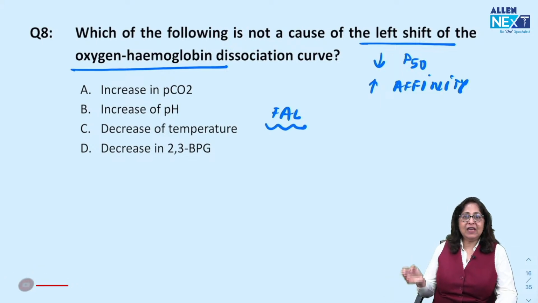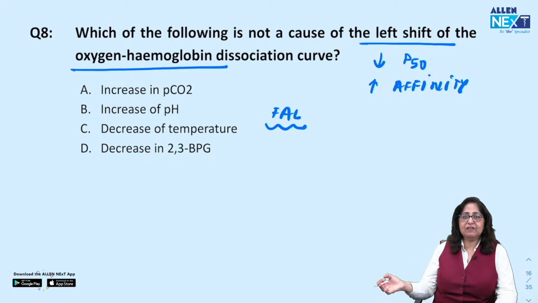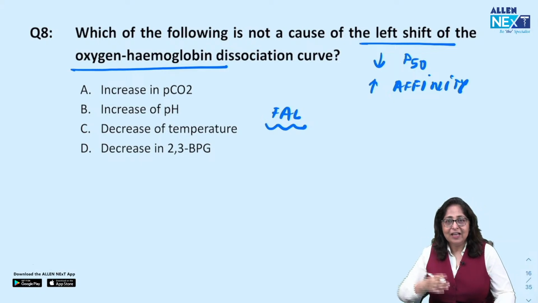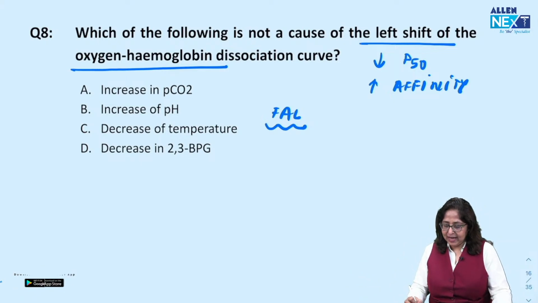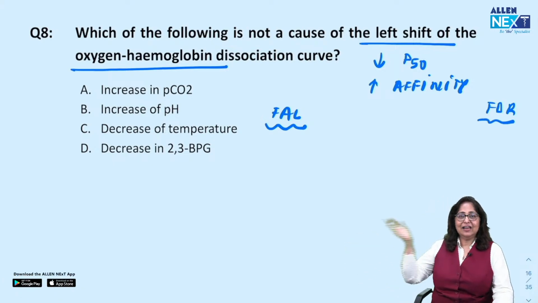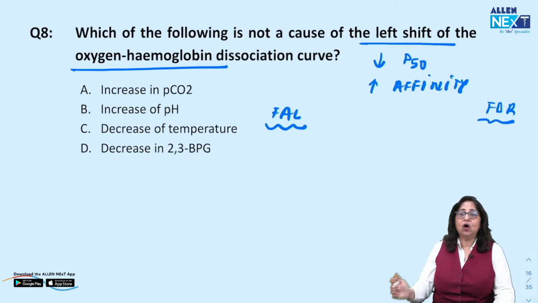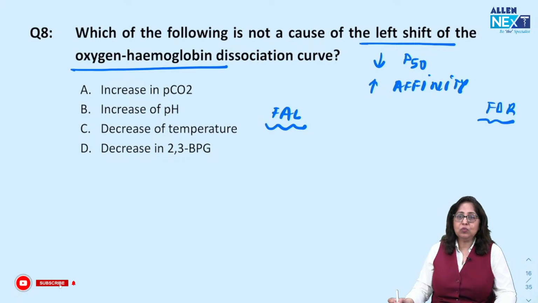FAL. Favors affinity, shift to left. Favors affinity, favors association. Rightward shift, we say FDR, favors delivery, disassociation, shift to right. Left shift, FAL, favors association or affinity, shift to left.